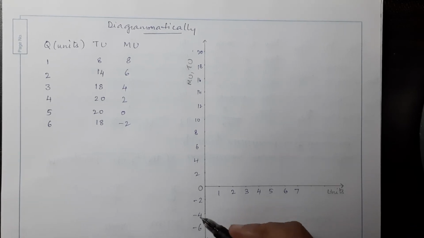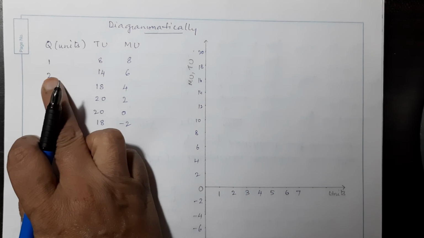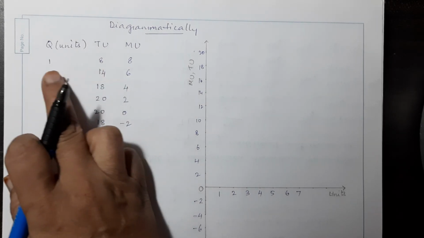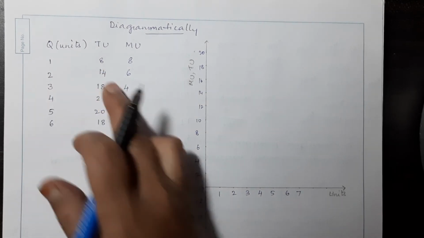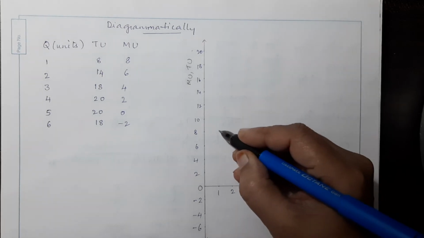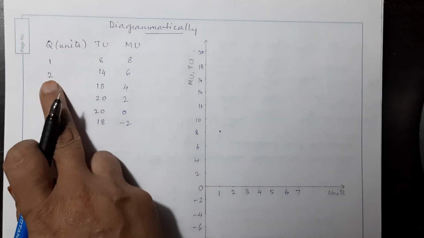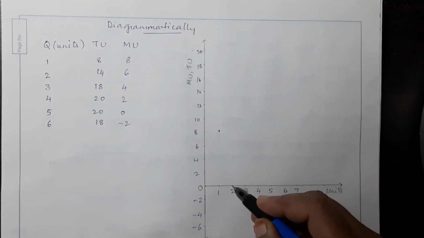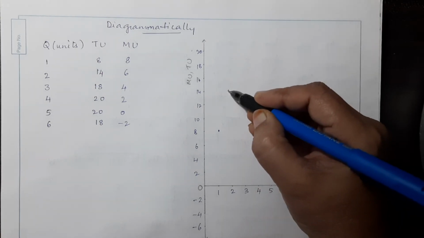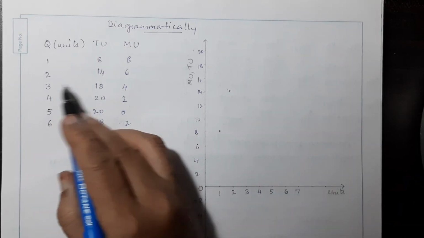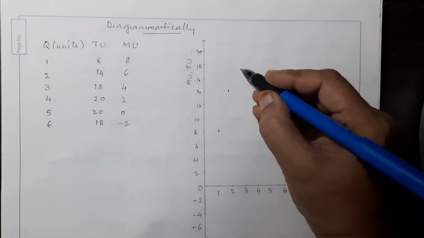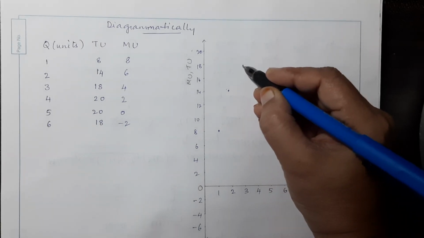Now let's plot the TU first. For first unit, the TU is 8 units. Second unit TU is 14 units. So second is here and 14 is here. Third unit 18. So third unit is here, 18 is somewhere here.